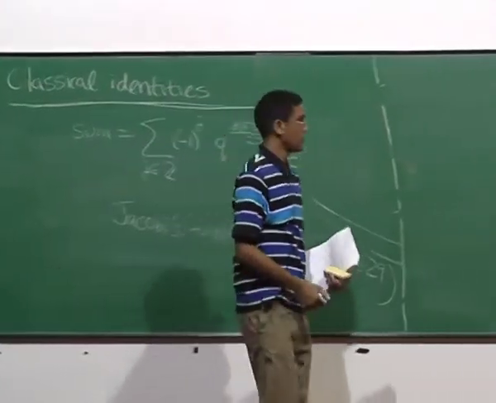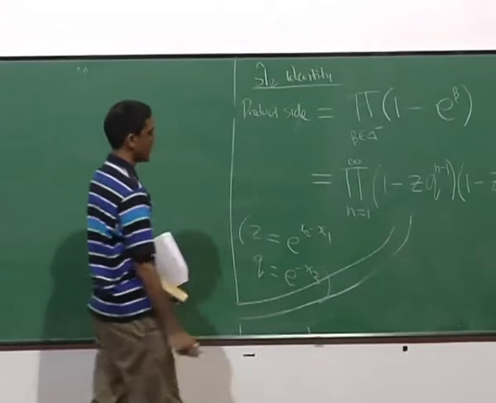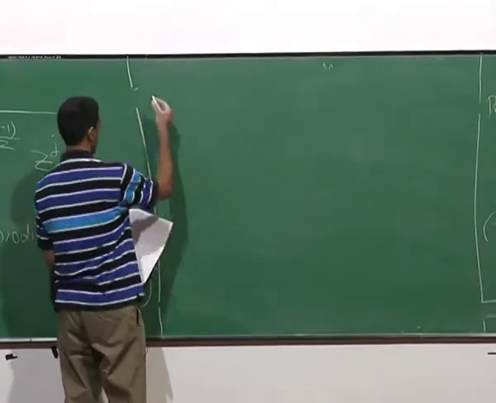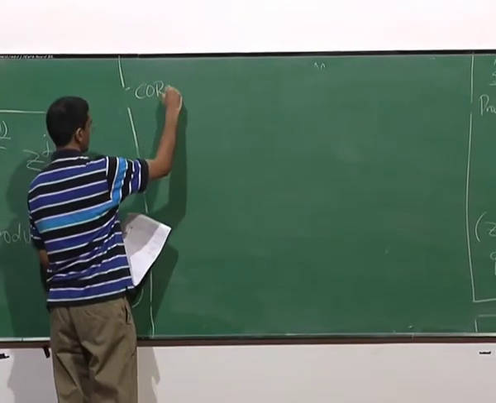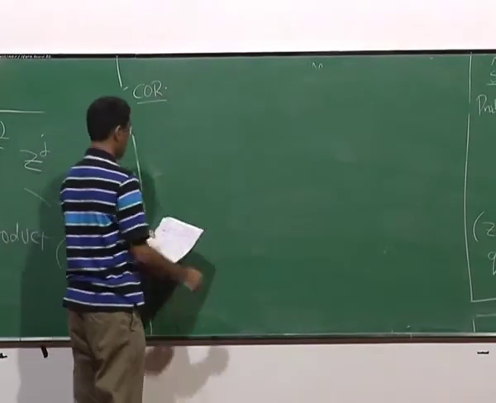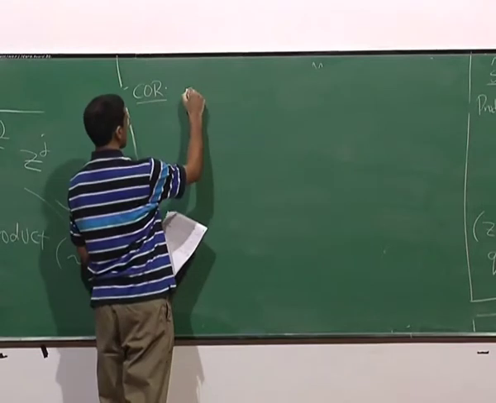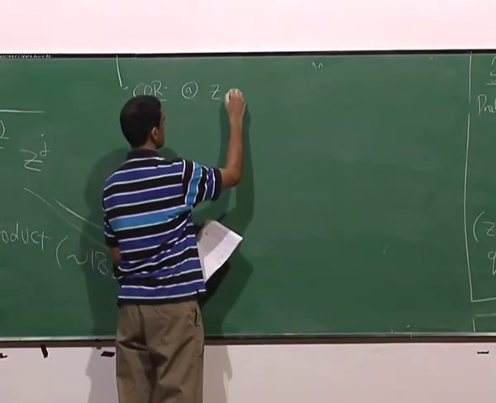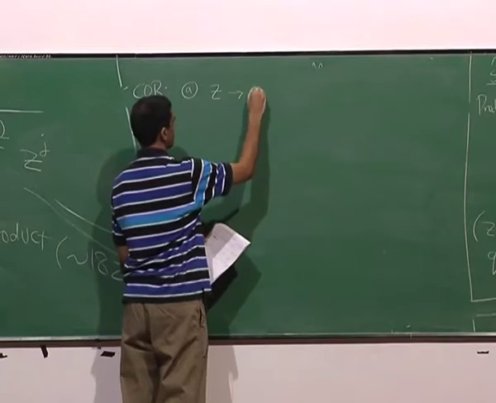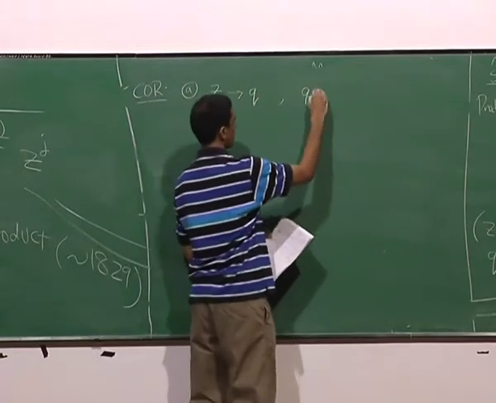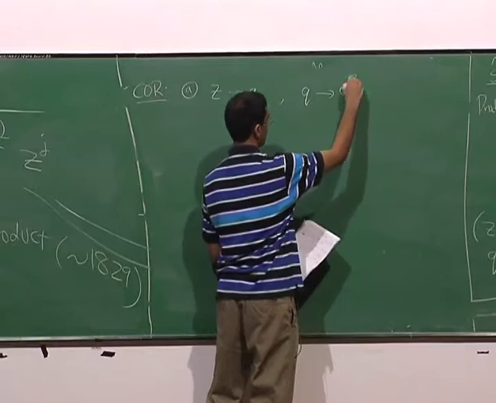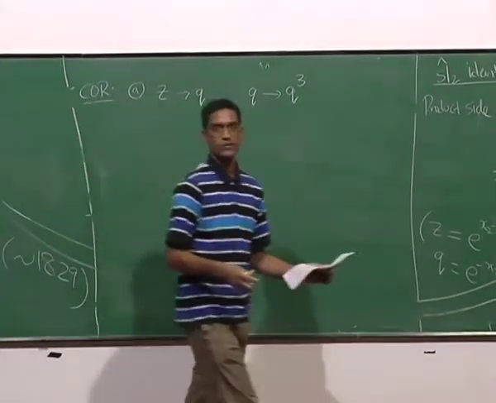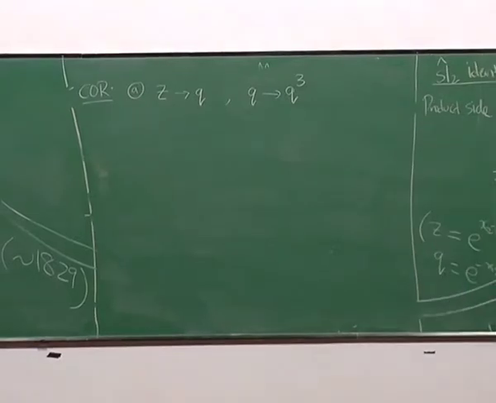For instance, you can substitute various values for z and q and see what it becomes in those cases. There are some obvious corollaries. Let's make some nice substitutions. Wherever you see a z, you substitute q, and wherever you see a q, you replace it by q cubed.